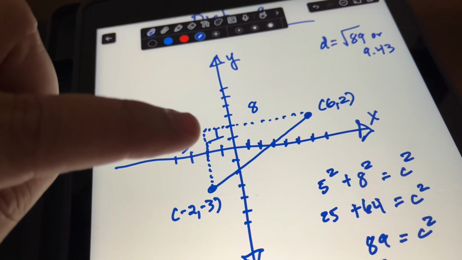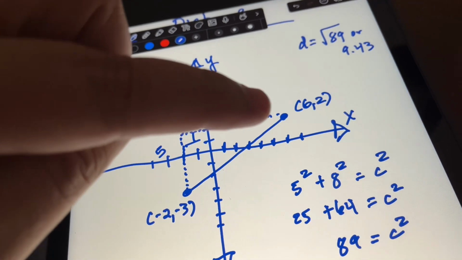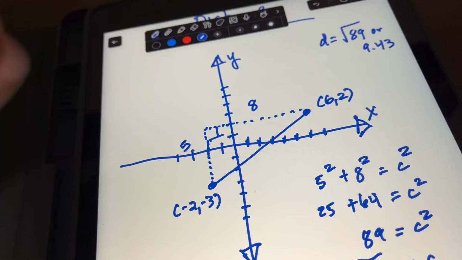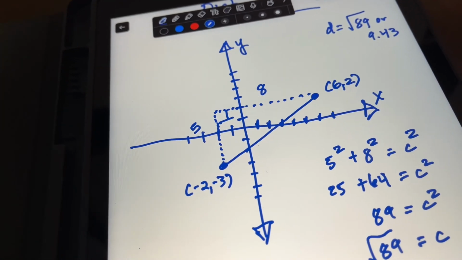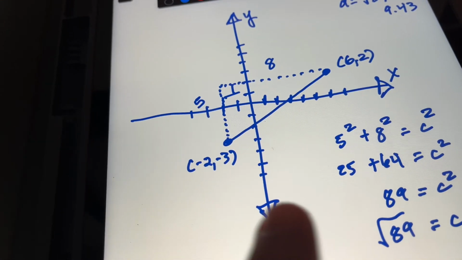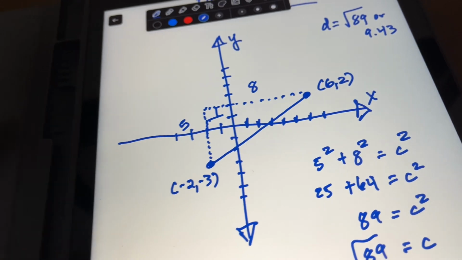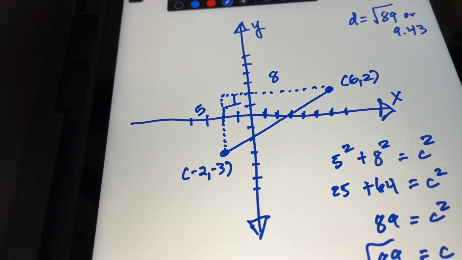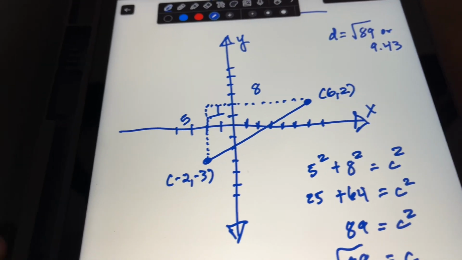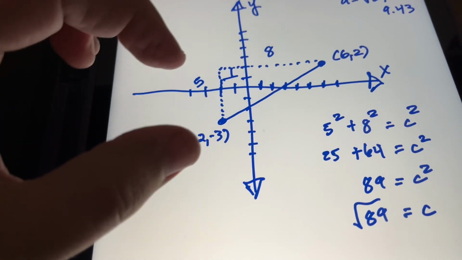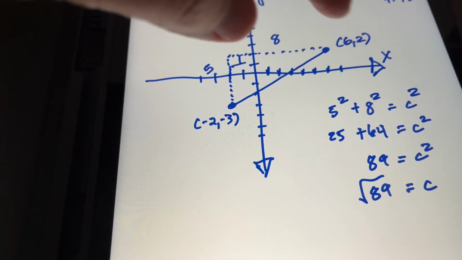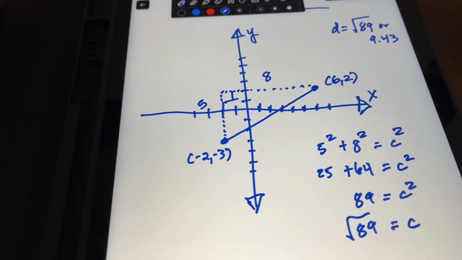And then here from -2 on the x all the way over to 6, that's 8. Now the other way you could do that is just find the slope between these 2 points and not reduce it. So you could use the slope formula and find how much up and how much over, like here and there. And you wouldn't want to reduce it.